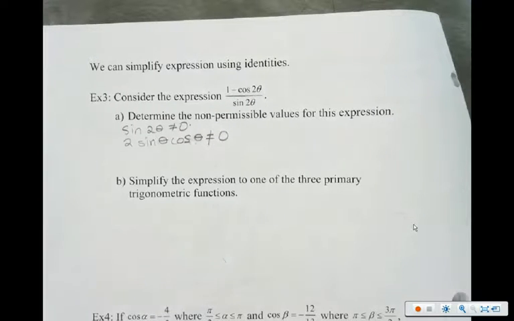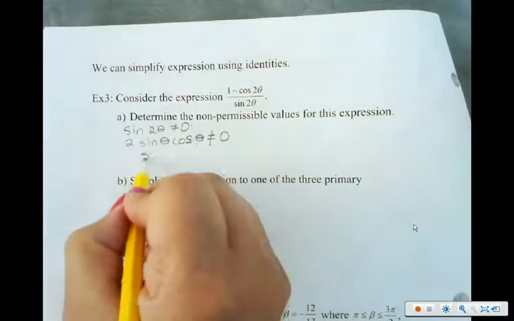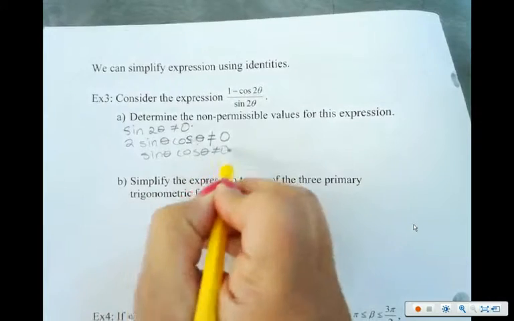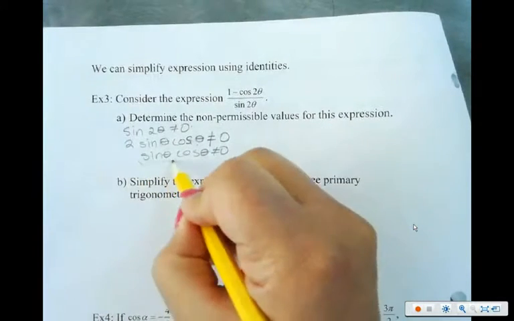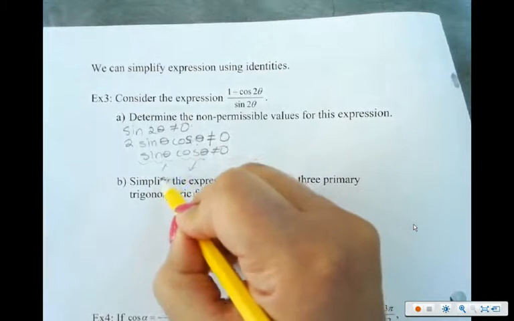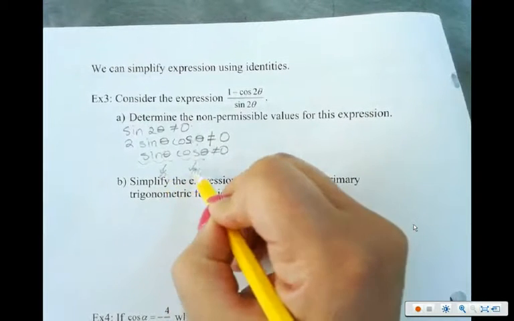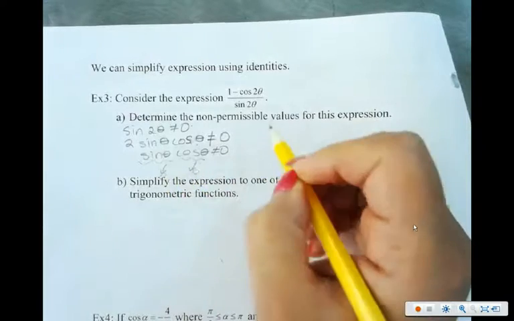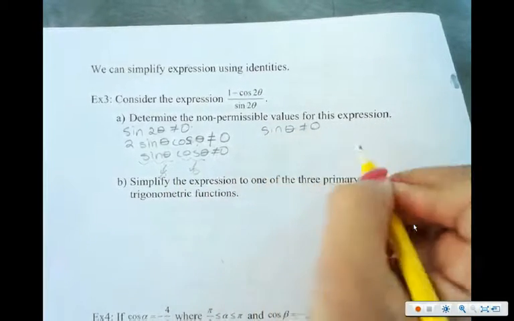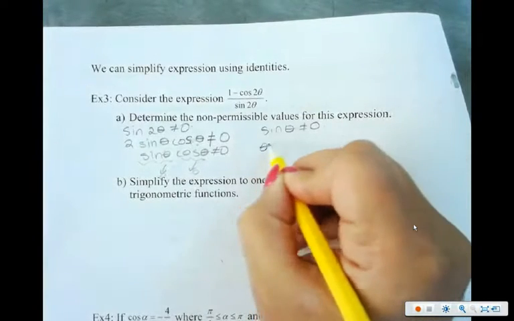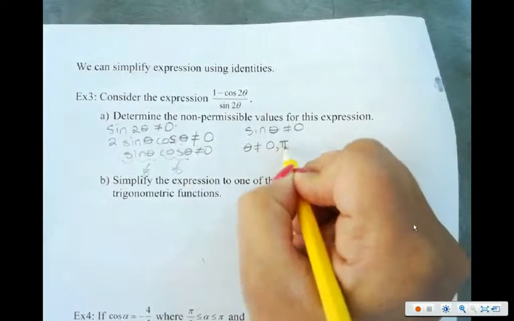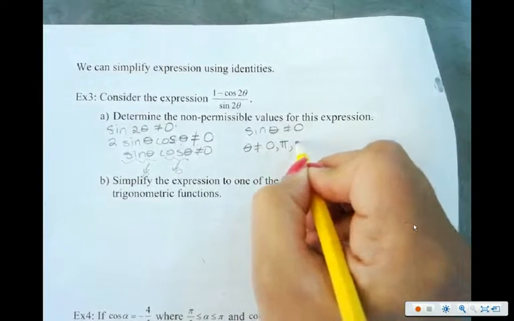All right, so now, really, I could just simplify this to say sine theta cos theta cannot equal 0, which means if either one of these factors equals 0, then that's going to cause this whole thing to be 0. So let's find where sine theta is not allowed to be 0, so what is theta not allowed to be? 0, pi, or 2 pi.